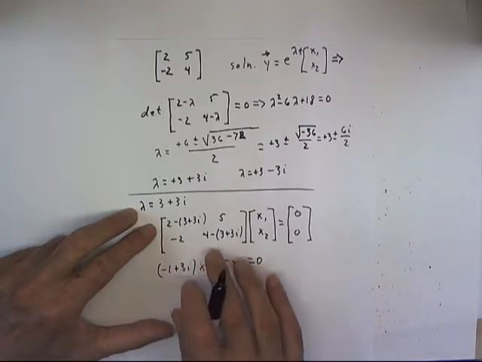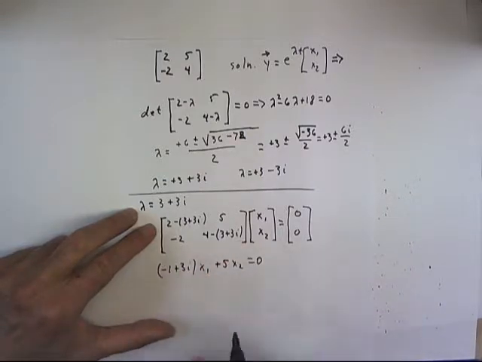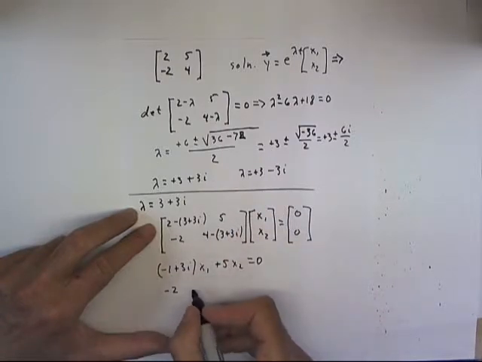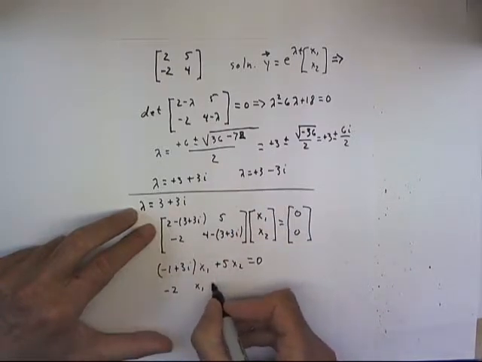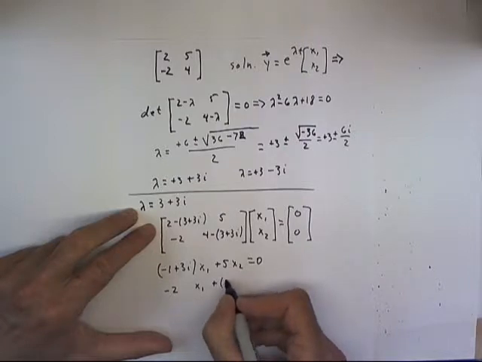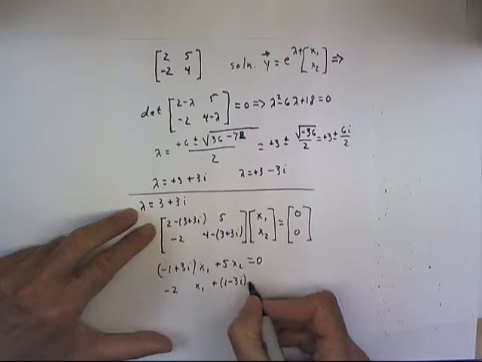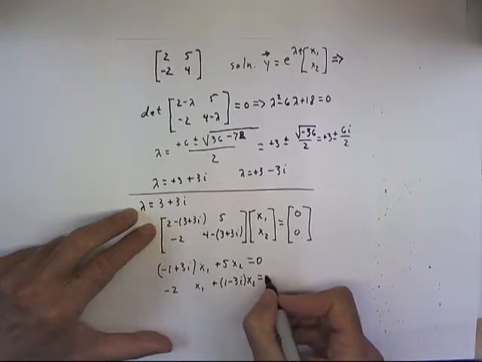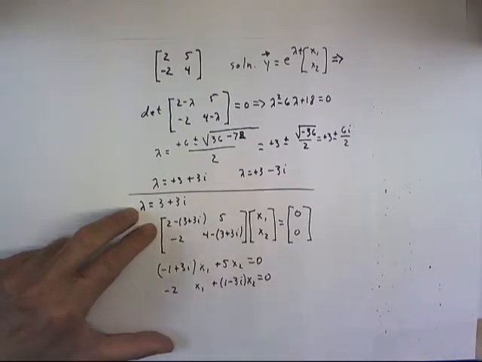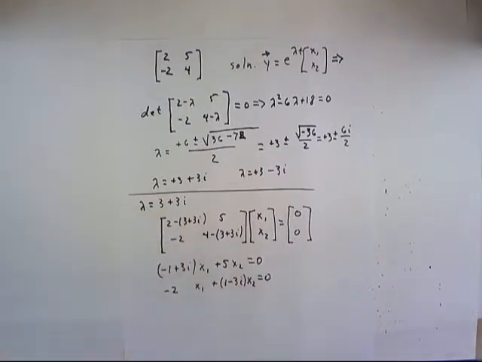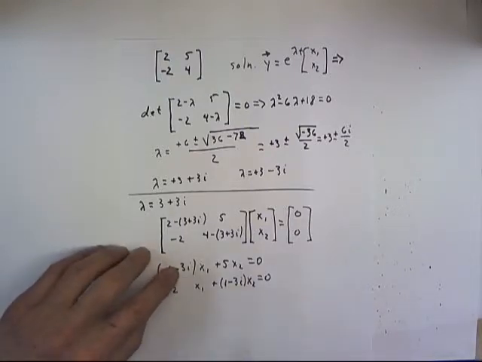And here we're going to get 1 minus 3i. So we're going to get negative 2 times x1 plus the quantity 1 minus 3i times x2 equals 0. And again, I was careless. That 3i needs to be negative, just like this one is. Okay, we've made that correction.